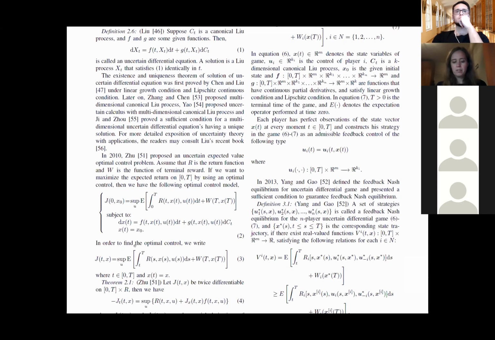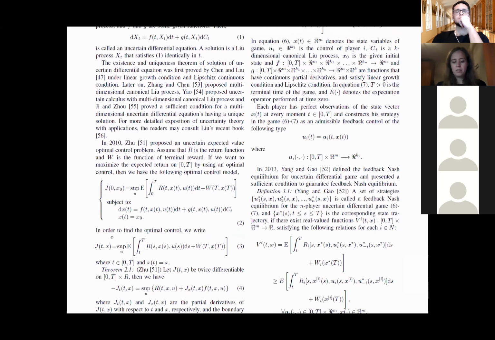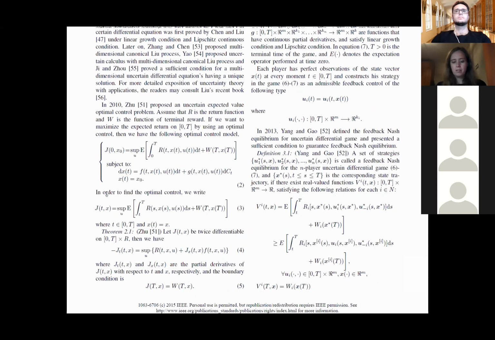They introduced the optimal control model, and they proved the theorem. Let G(t,x) be twice differentiable.